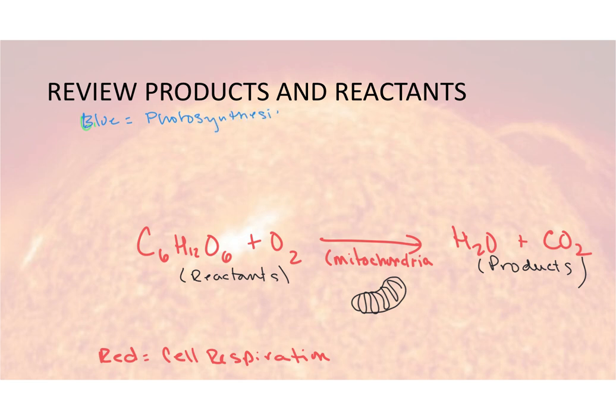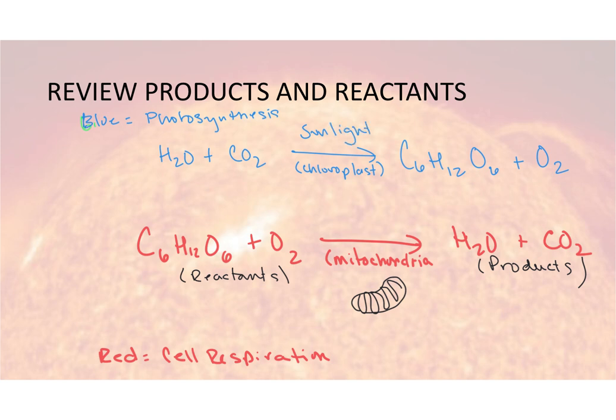And if we put the equation for photosynthesis down, H2O plus CO2 yields glucose and oxygen. And this is done with chloroplast and sunlight energy.